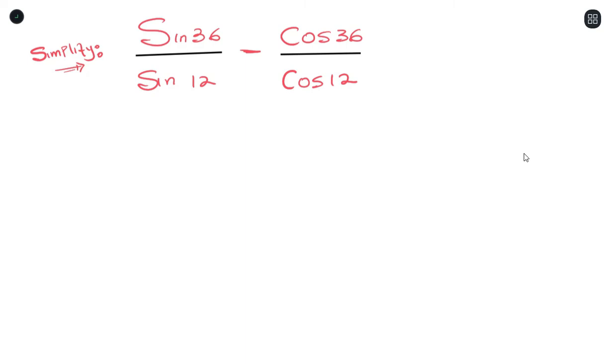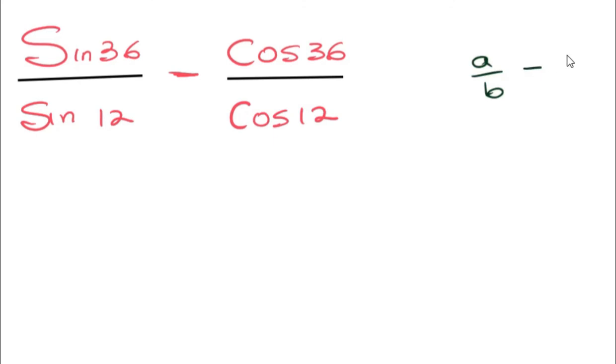Now, whenever you're simplifying trig, at the back of your mind, you should always think algebra. And one of the basics of algebra is that whenever you have fractions, you get your LCD. So if I have A over B minus C over D, I understand that the first thing I do is get the LCD. In this case here, it is BD.